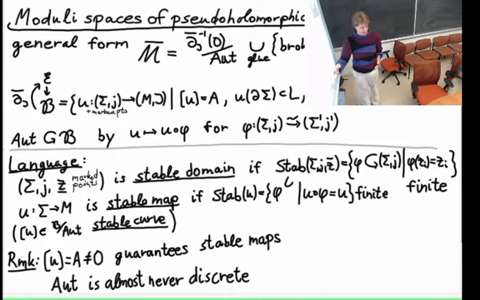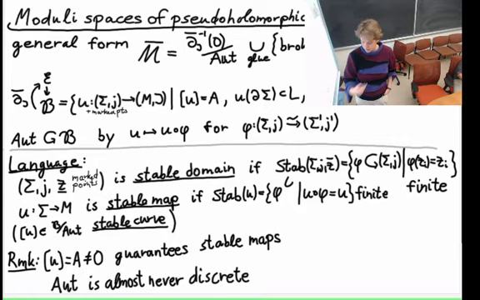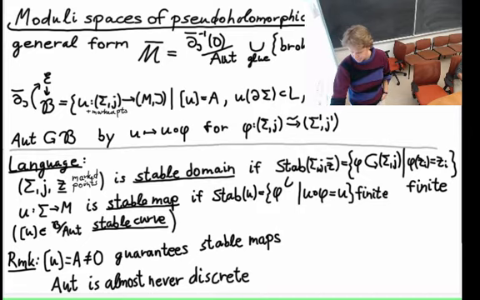But if the domain is unstable, you look at the stabilizer of the map, which are the automorphisms that fix the domain and also fix the map. If that is finite, we call u a stable map. And just to drive this home, a stable curve, for me at least, would be the quotient of the map modulo automorphisms, meaning in this case u mod the stabilizer of u.